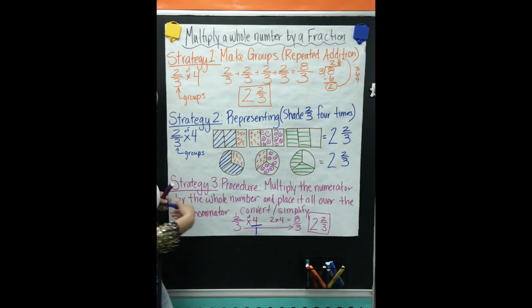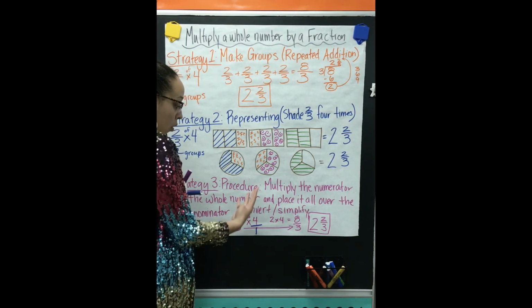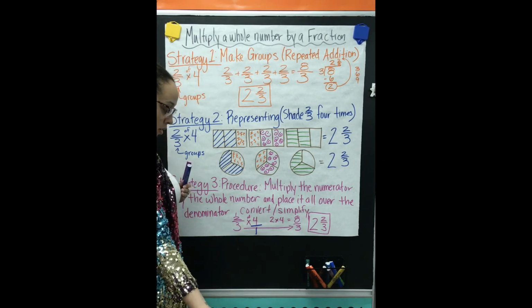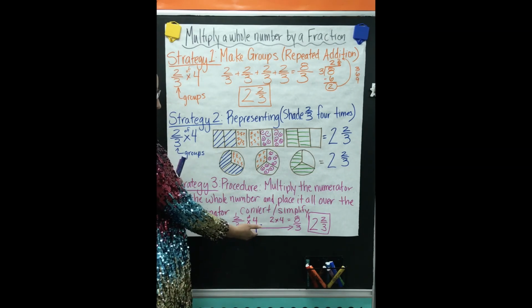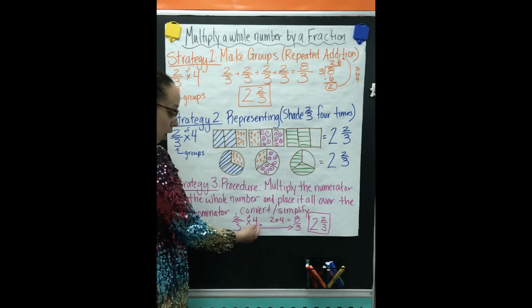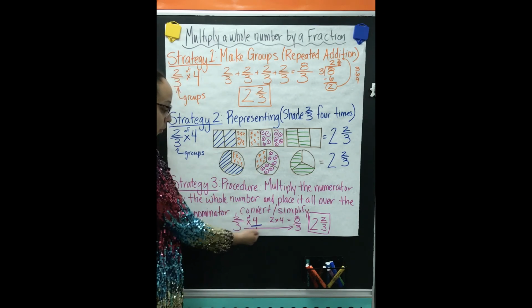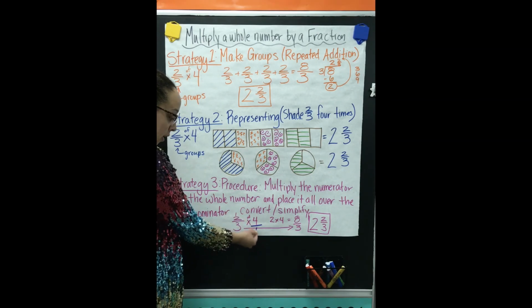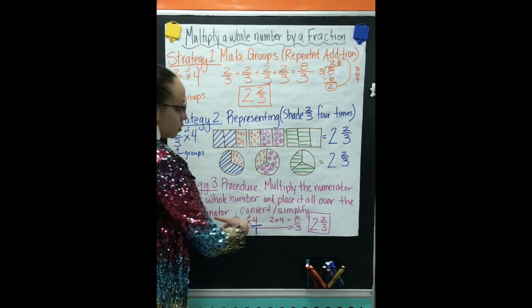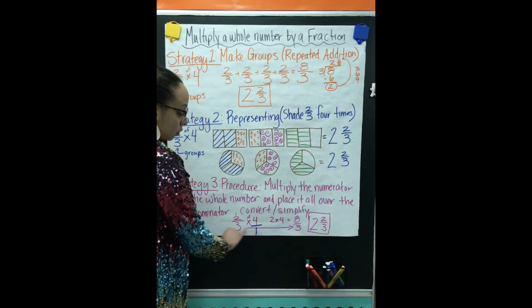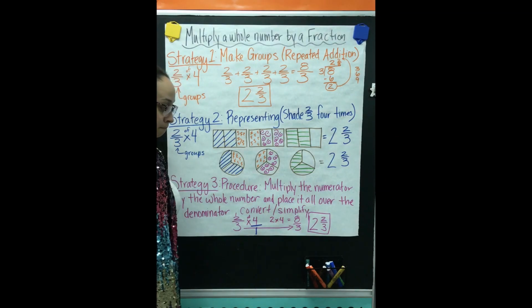We can think about 4 wholes being 4/1. It still represents 4 wholes. We don't write every whole number like this because we're not always using it in fractional form. But when we are, and we're multiplying a whole number times a fraction, we can place it all over 1. And when we multiply fractions, we multiply straight across. So we go 2 times 4, which is 8, and 3 times 1, which is 3.